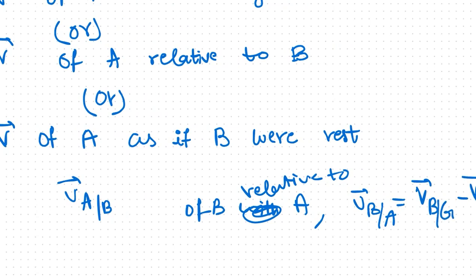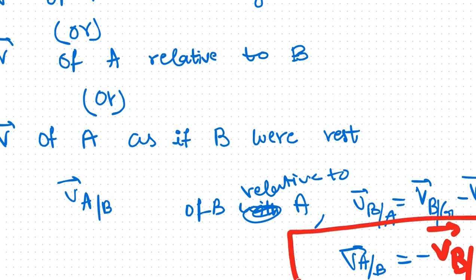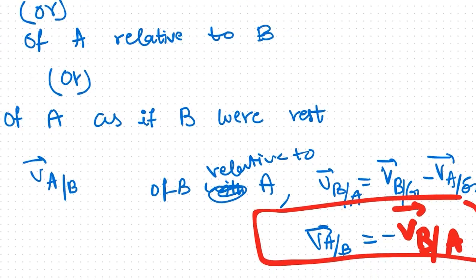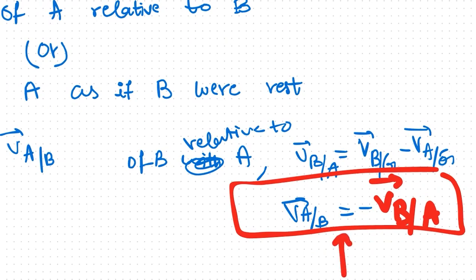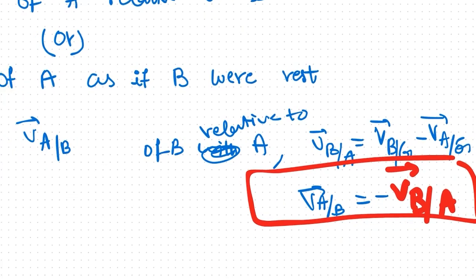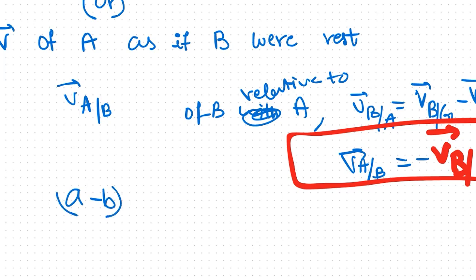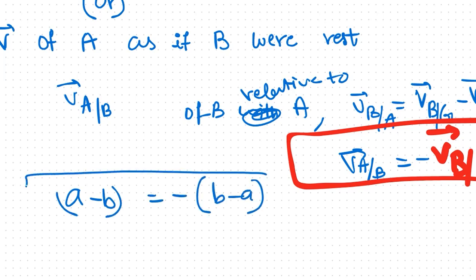That's it, right? So notice something: if I write A upon B, it is the negative of B upon A, because you're switching it around. Any doubt here? So A minus B is the same as minus of B minus A.